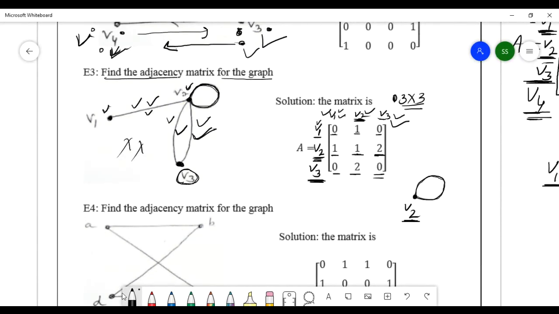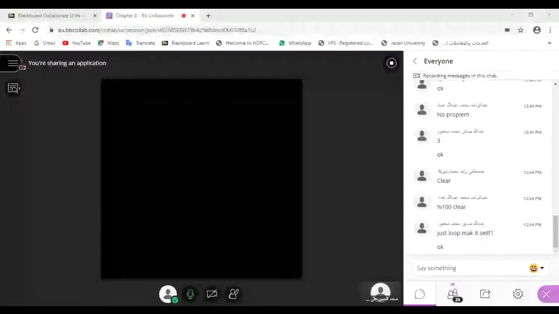Right? Be careful about that. Yes. If at the same point a loop exists, it means one edge. Vertex V2, loop exists, means 1. Right? If no loop exists, it means 0. V2 no edge, 0. Right?